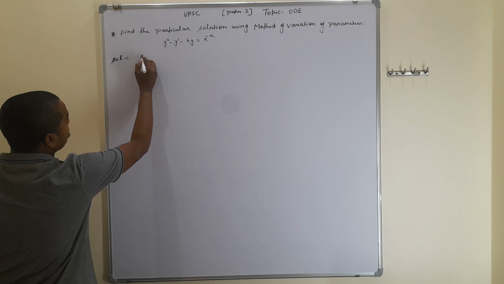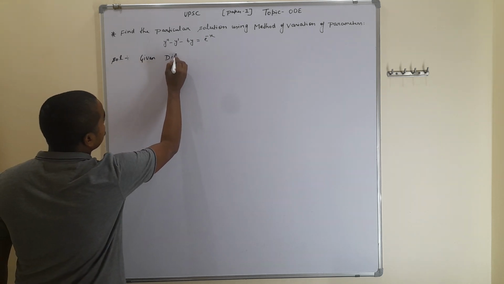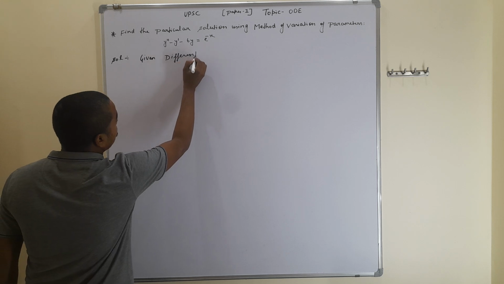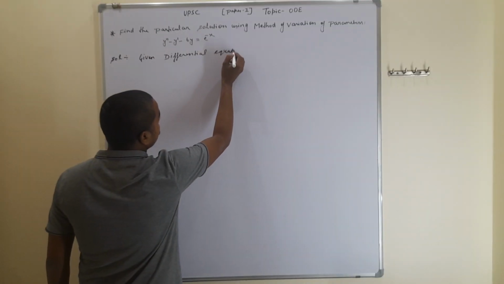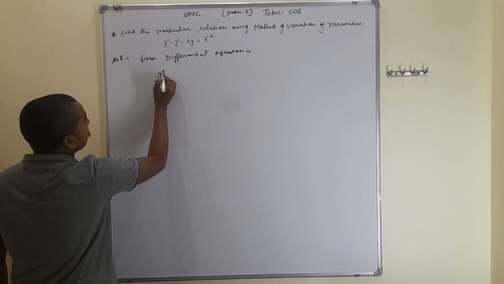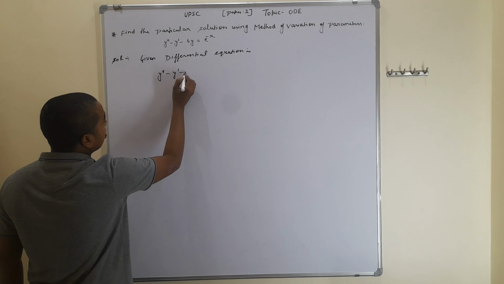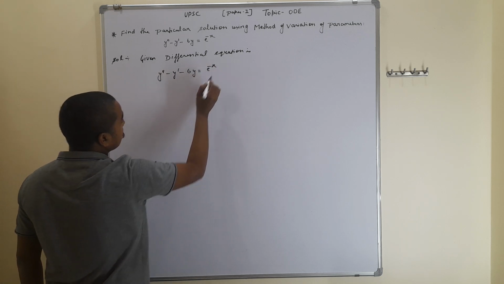Given differential equation is y double dash minus y dash minus 6y is equal to e to the power minus x.